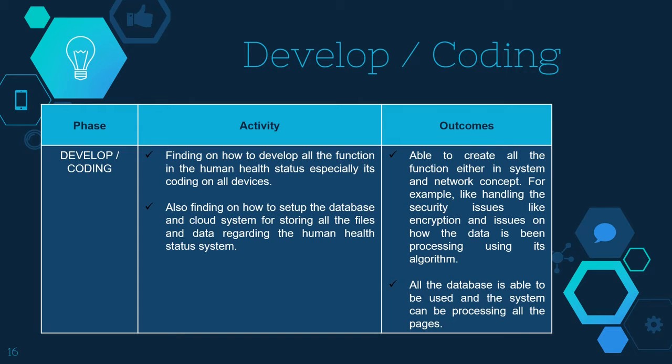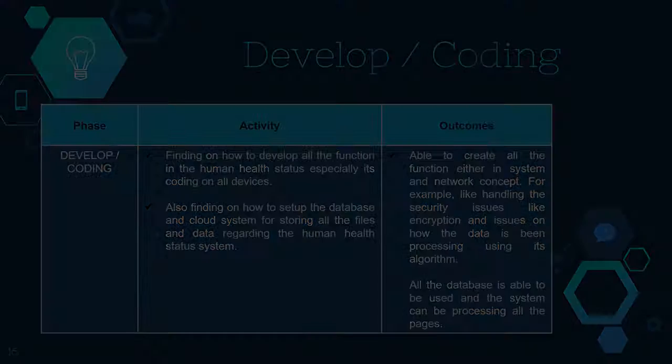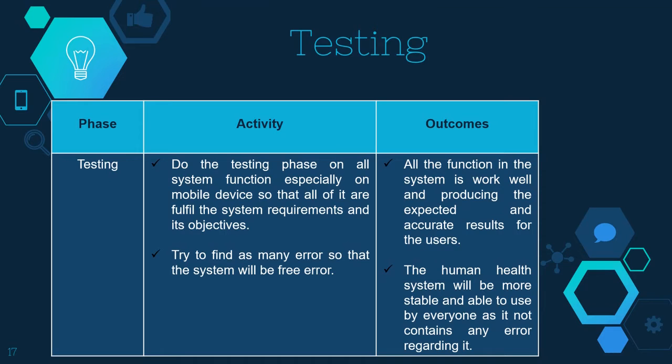So all of this combination is in developing and coding. It requires a very long time and a lot of knowledge because we want to make sure that all the results at the end satisfy all our objectives and targets in this project.